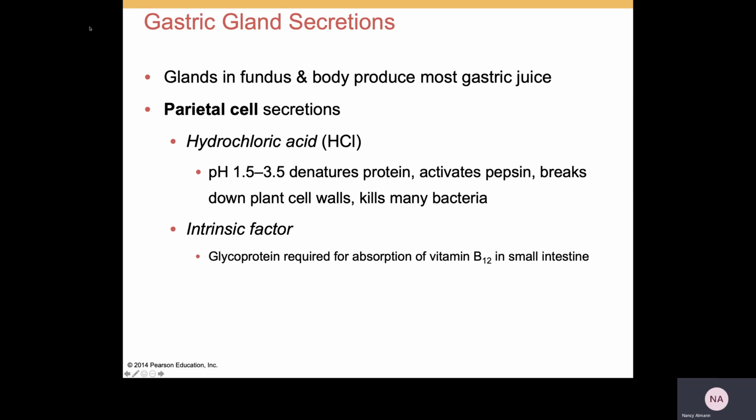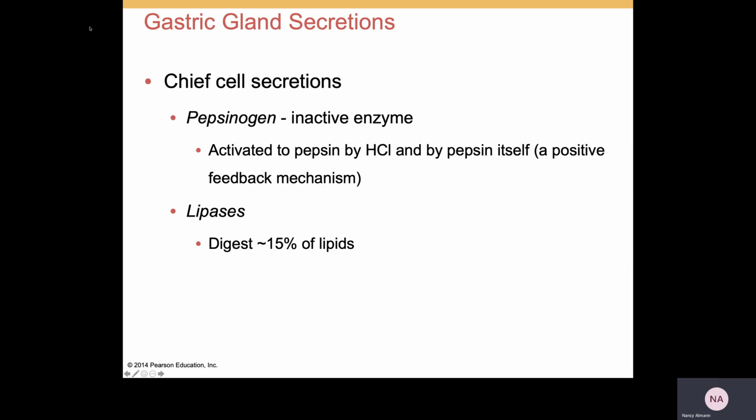HCl will also break down plant cell walls, and we know that it is going to kill pathogens. Yay! Parietal cells are also going to secrete the very important intrinsic factor. You need to have intrinsic factor in order to be able to absorb B12, so stay tuned on that.